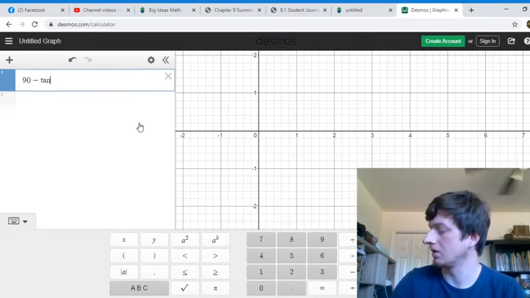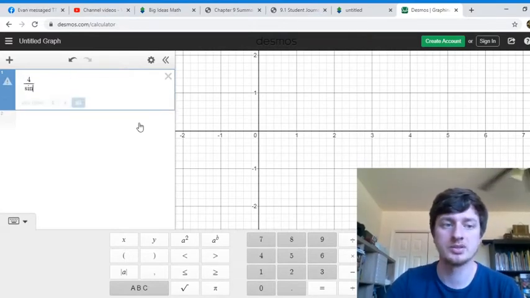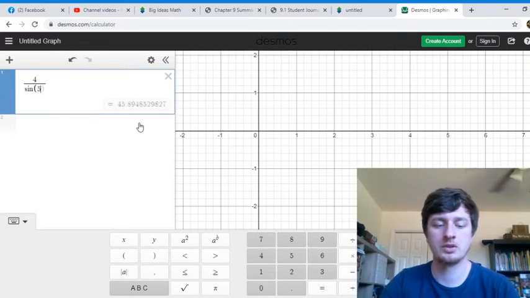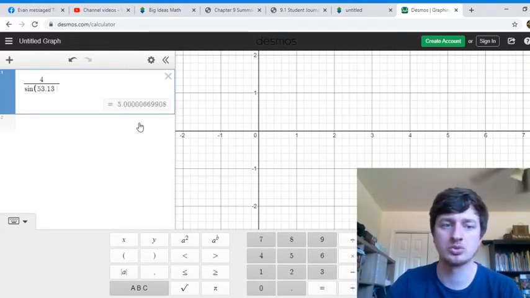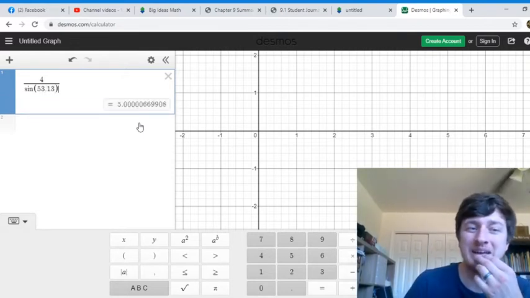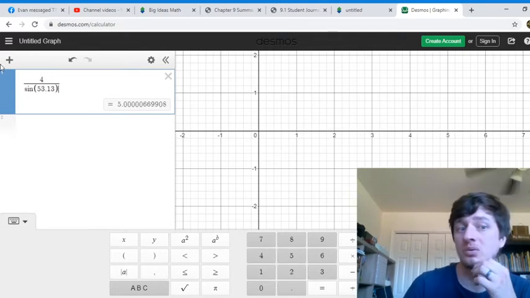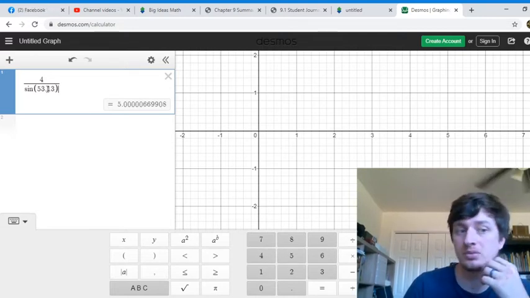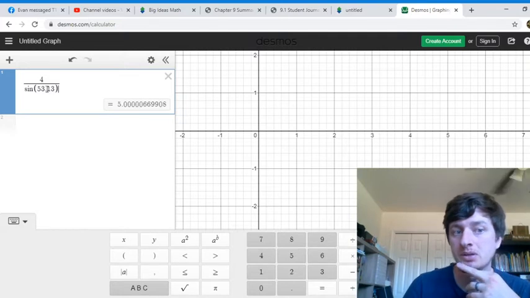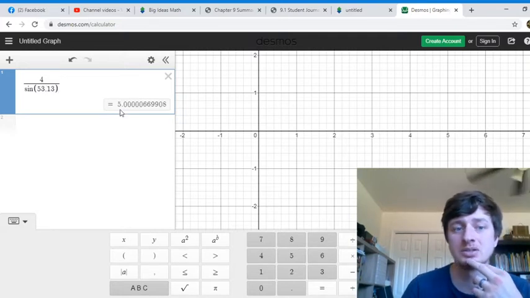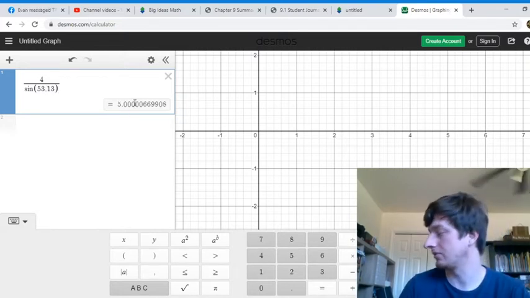We need to divide 4 by sine of 53.13. It goes on for a long time. So it's basically 5. Now, we rounded here. This 53.13 is rounded. It's not exactly the right amount of degrees. So this should be 5.